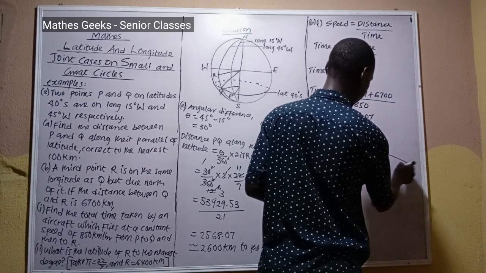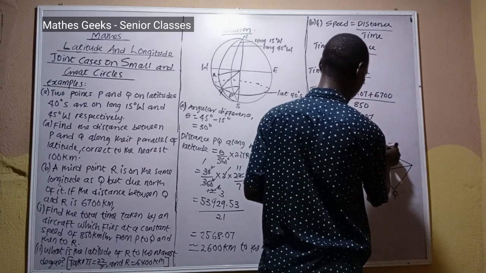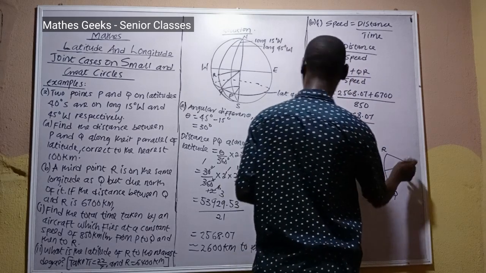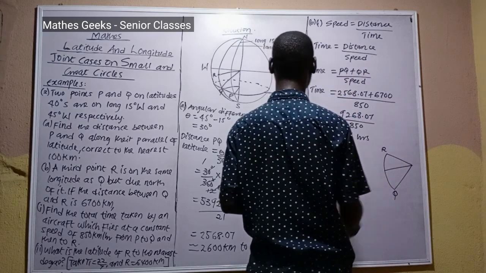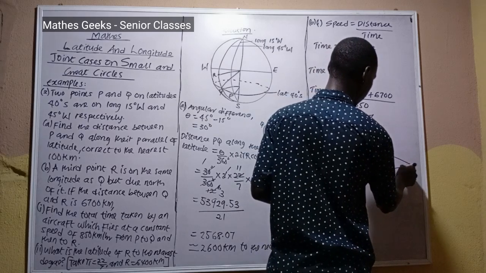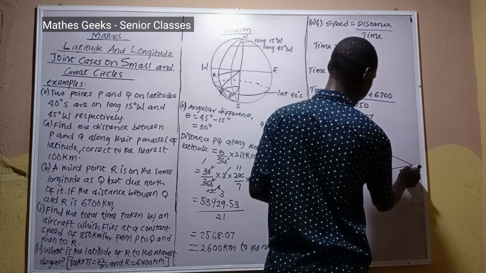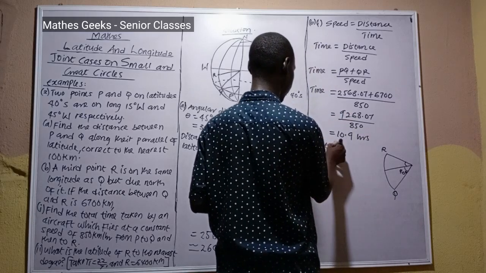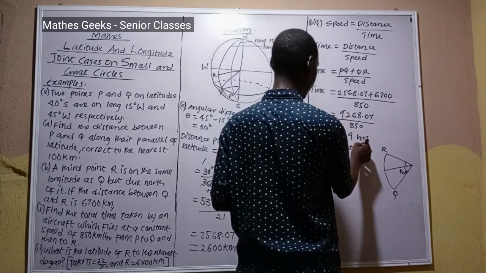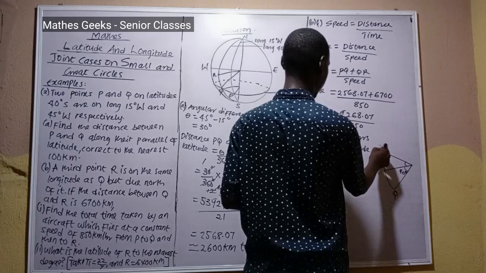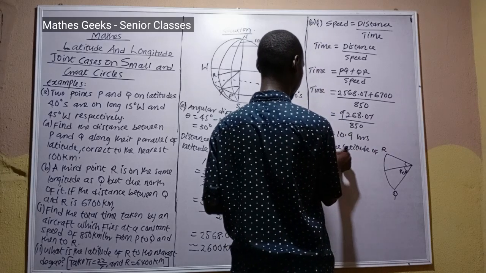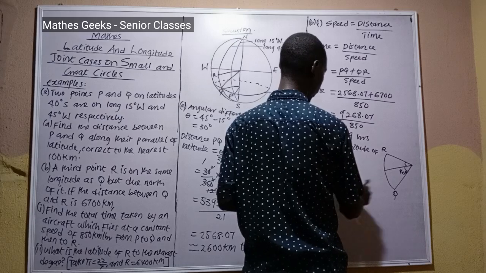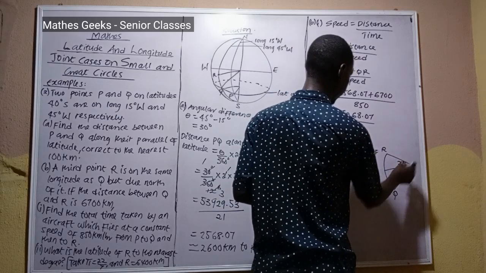This is Q and this is R. The latitude of Q is 40 degrees south, and let the latitude of R be x degrees. Since it's due north, x degrees north.